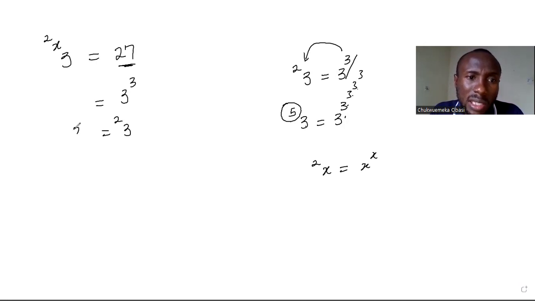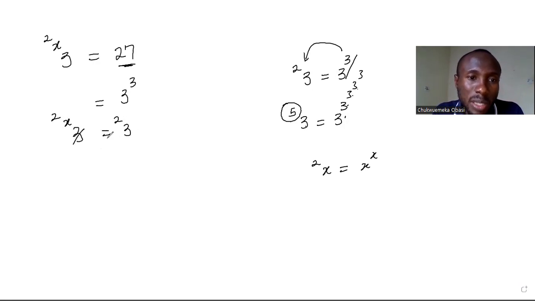So we have 3 tetrated to x tetrated to 2. Now you see they both have the same base. The whole idea here is either you're putting them in tetration form or you're putting them in exponentiation form. So now we've succeeded in putting these in their tetration form, so we can cancel out the base and equate the exponent.